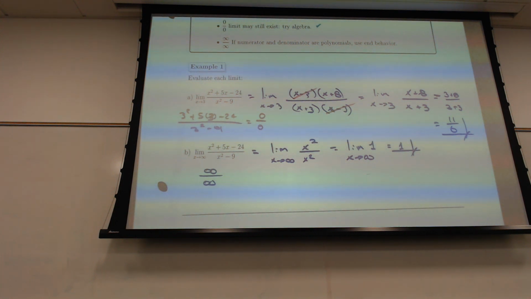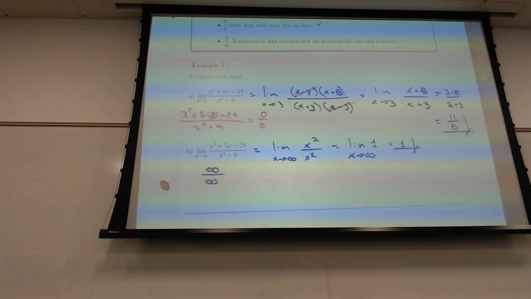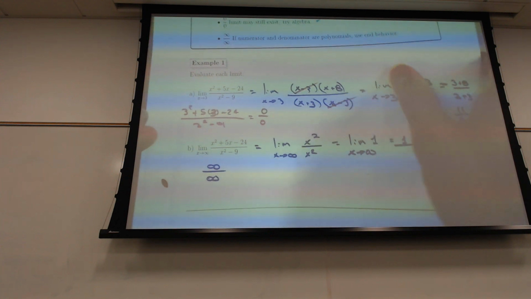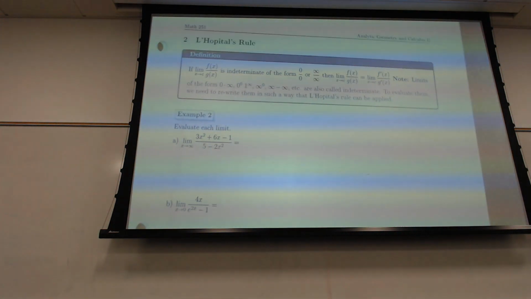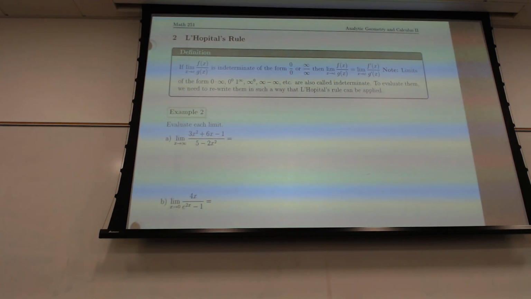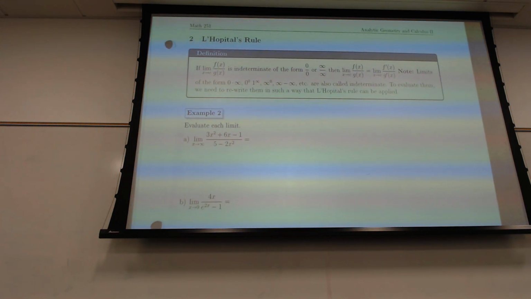All right. L'Hôpital's rule. So again, some of you may have seen it before. Some of you may not have seen it before. We're going to go through all the details here, all the different indeterminate forms besides the 0 over 0 and the infinity over infinity. In this case, we need to work with a function that looks like a quotient. That way we can get those indeterminate forms.